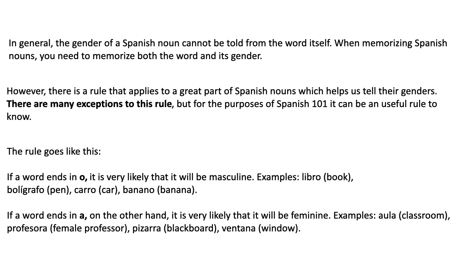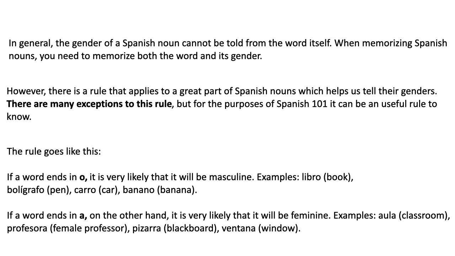Recapitulating very, very quickly. Nouns are the words we use to name people, living beings, places, things, and ideas. And they are the basic building blocks of sentences. They are very, very important in both English and Spanish. But the big difference in the two languages is that Spanish nouns always have a gender.